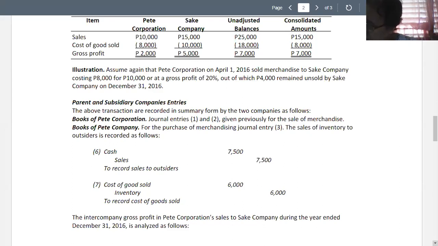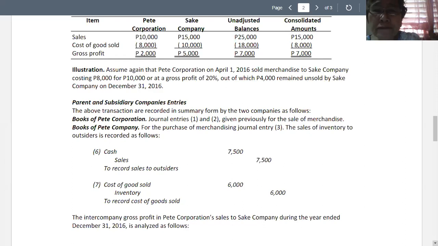So we have in the books of Pitt, we again have journal entries number 1 and 2 given previously for the sale of merchandise. So again, for that purpose, we are going to debit cash and credit sales in the books of Pitt. And likewise, debit to cost of goods sold and credit to inventory.